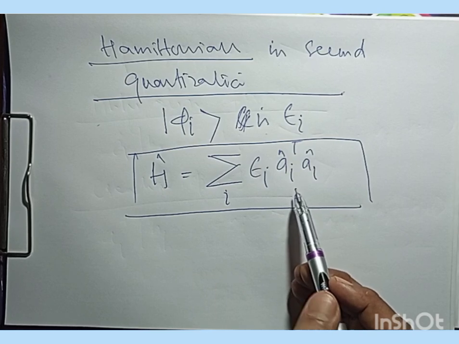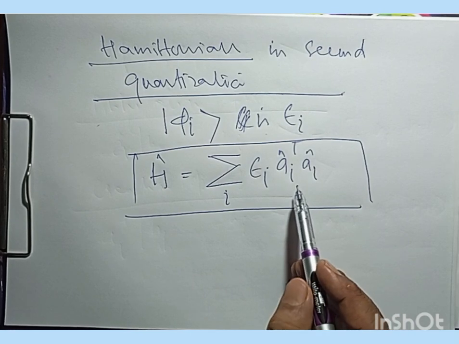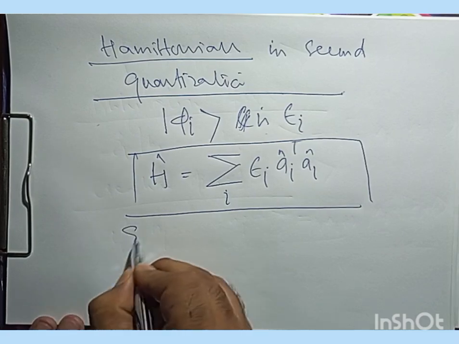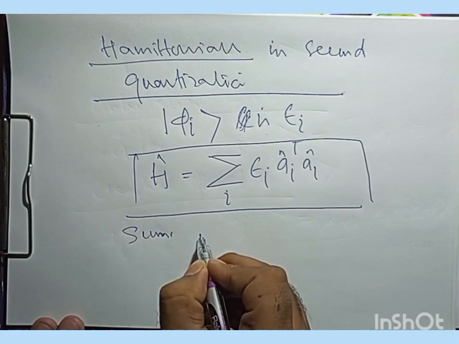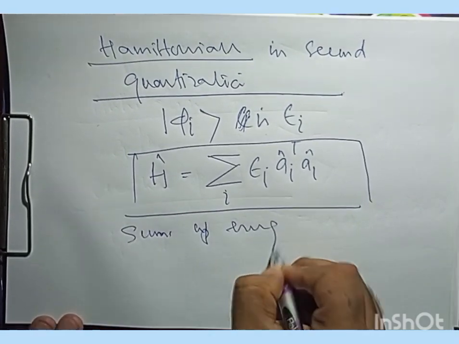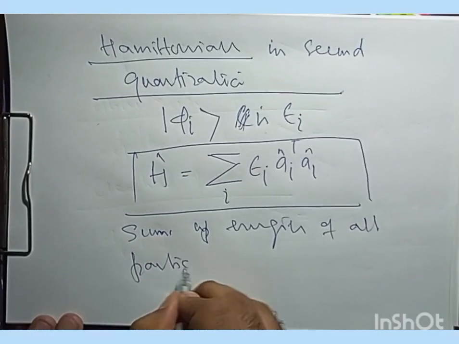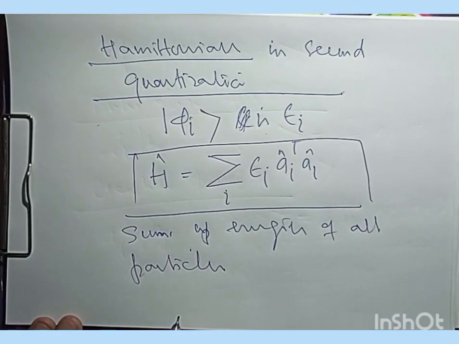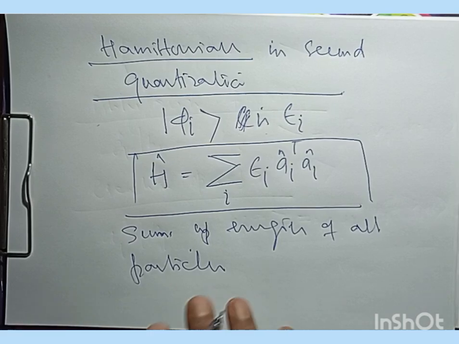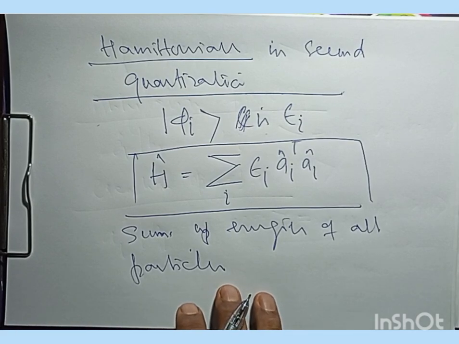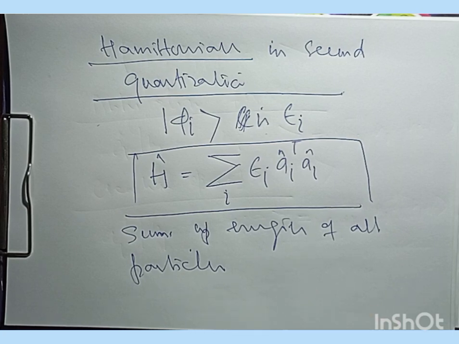So this Hamiltonian sums up the energies of all particles across all the states that are available. This is how the Hamiltonian of a non-interacting Bose gas can be written down.